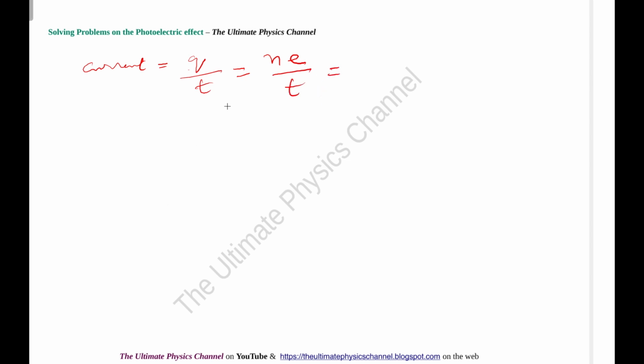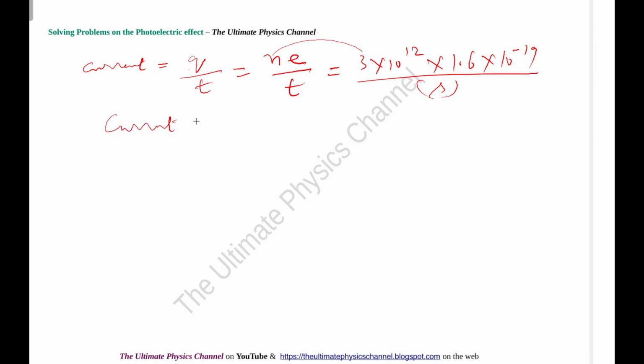The number of electrons is 3 into 10 power 12, so the total charge is n times the charge of each electron, 1.6 into 10 power minus 19 coulomb. That gives us the total charge, Q equals n e. That is over time, already given in seconds. So this is the current we are going to get. If we work out the numbers, the current turns out to be about 0.5 microamperes, or 0.5 into 10 power minus 6 amperes. This is the value you would get.